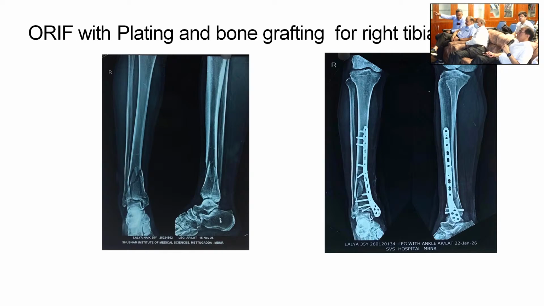Why not use a cancellous with a washer? Herbert screw does not give compression for this kind of fractures. It only gives for intra-articular fractures. Little lag effect. It doesn't give compression. Partially threaded cancellous screw. Look.